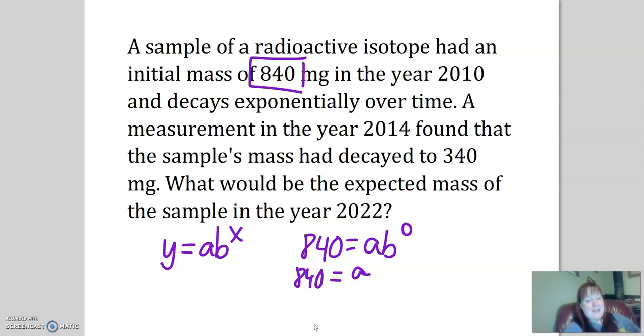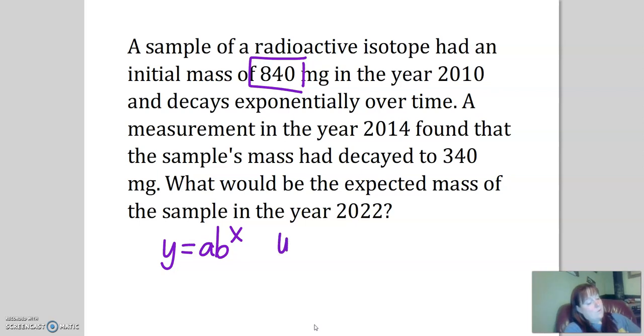So that makes A equal to 840, which we already knew. That's our initial value, but this helped us really understand why that's A. So we're going to put that in for A. So we have y equals 840 b to the x.